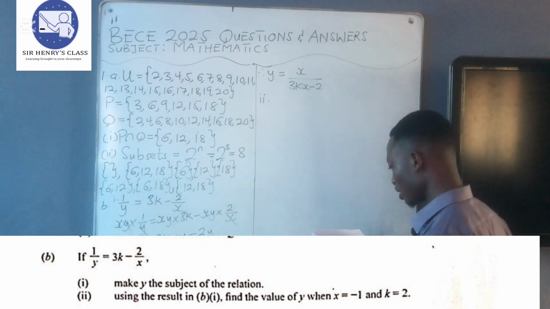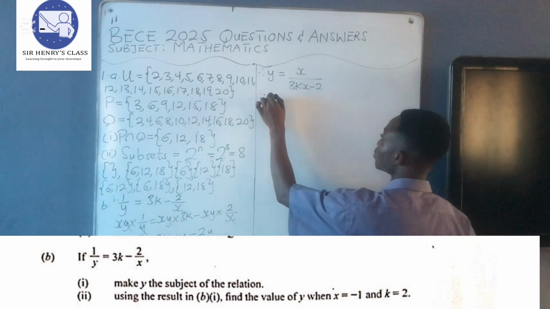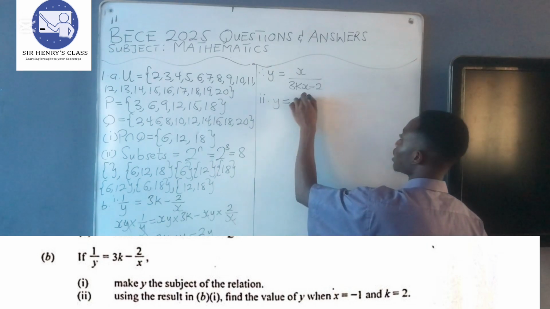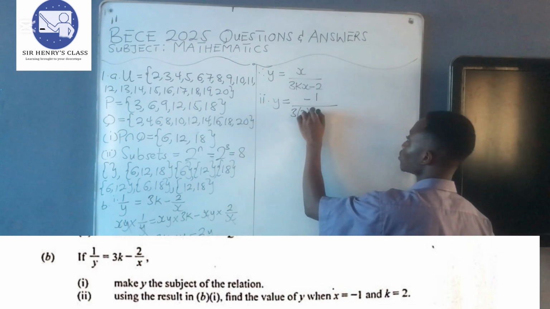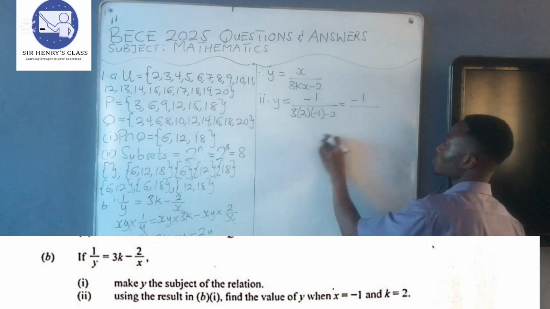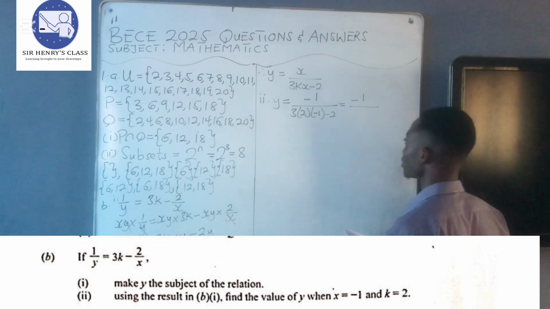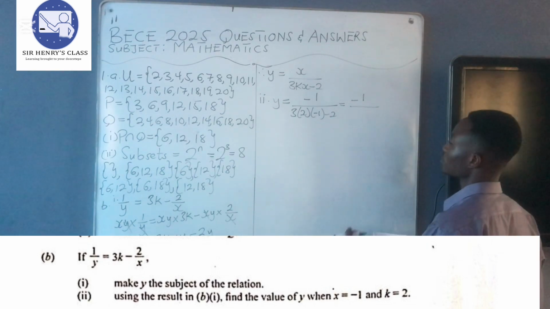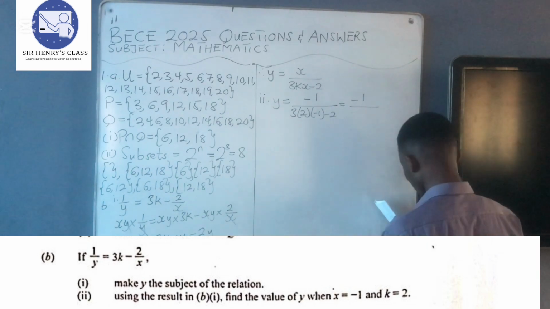We are to find the value of y when x is -1 and k is +2. So x is -1, k is +2, y equals -1 over 3 times 2 times -1 minus 2. When we simplify all of this, we have this is -6. So -6 minus 2, that is -8.